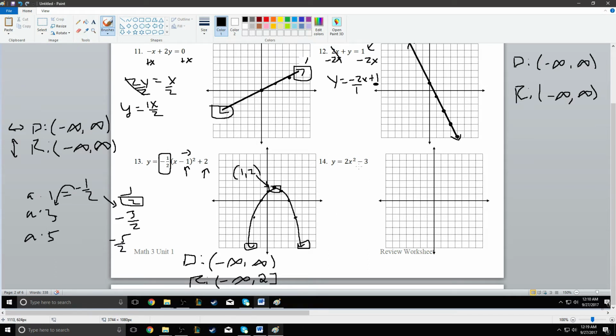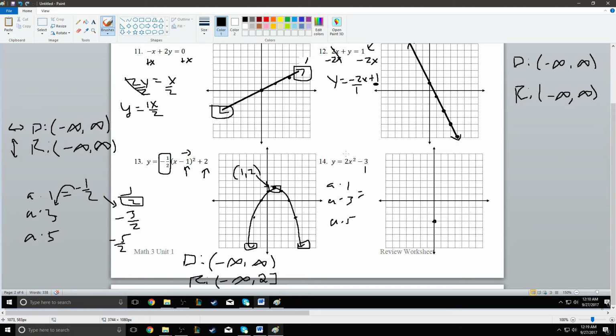For 14, there's no horizontal shift, there's no parentheses, so that's your only shift right there, that negative 3, so down 1, 2, 3. That's your starting point. And again, you've got a times 1, a times 3, a times 5. Okay.